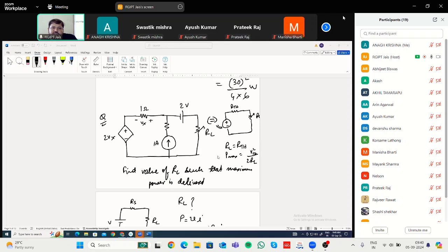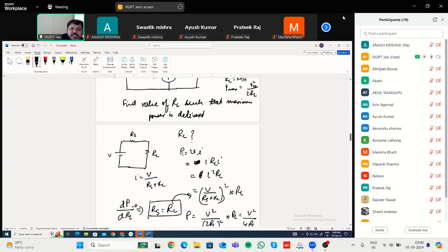Middle resistor is not given. Okay, this is 1 ohm. This is 1 ohm. So the first thing you have to do is remove the RL.